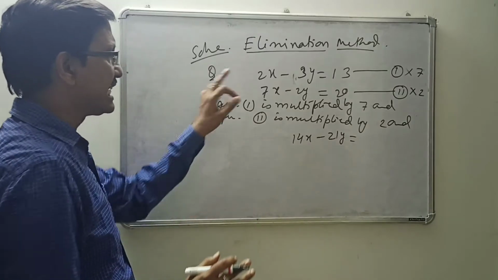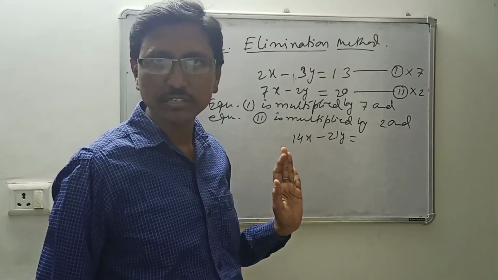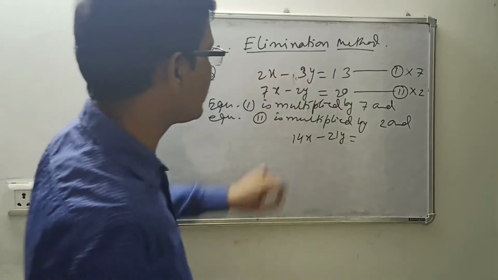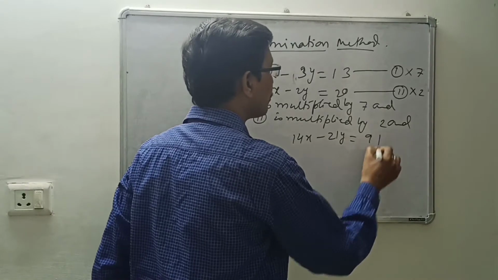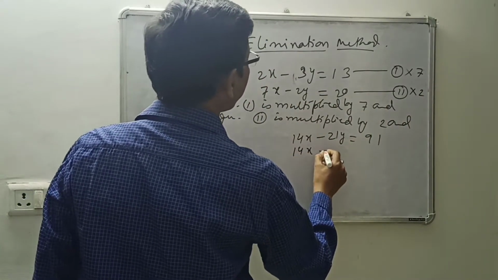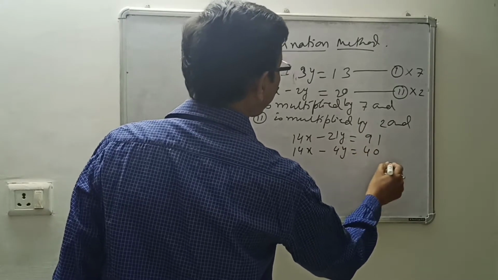Multiply means each and every term of the equation is multiplied by that quantity. So 7 times the first equation gives 14x minus 21y equal to 91. Similarly, by 2, we get 14x minus 4y equal to 40.